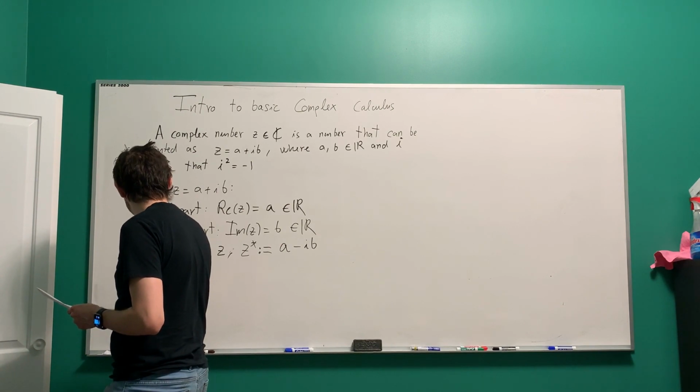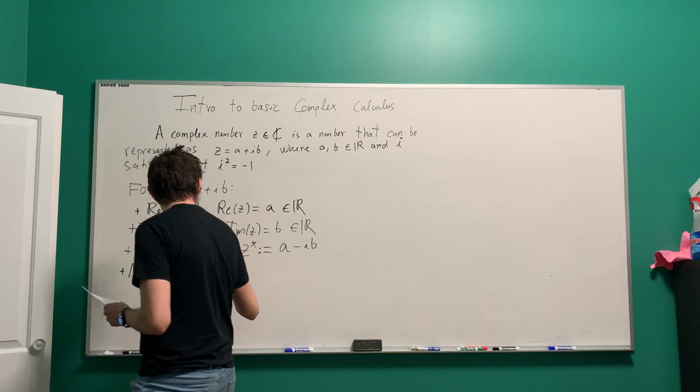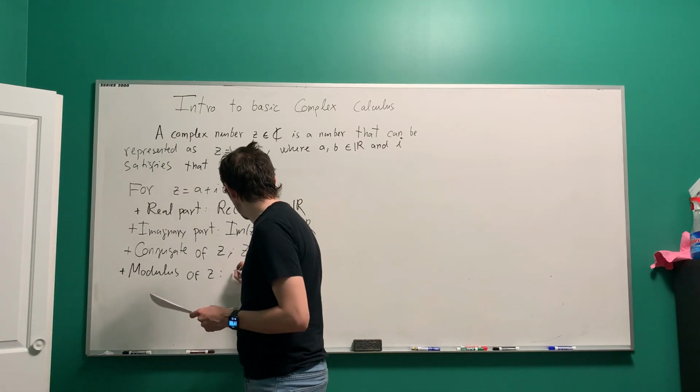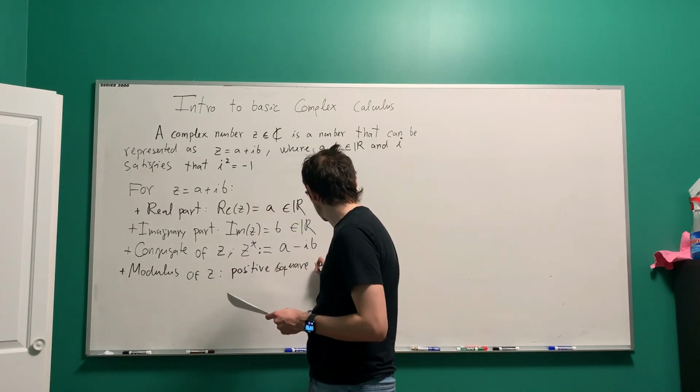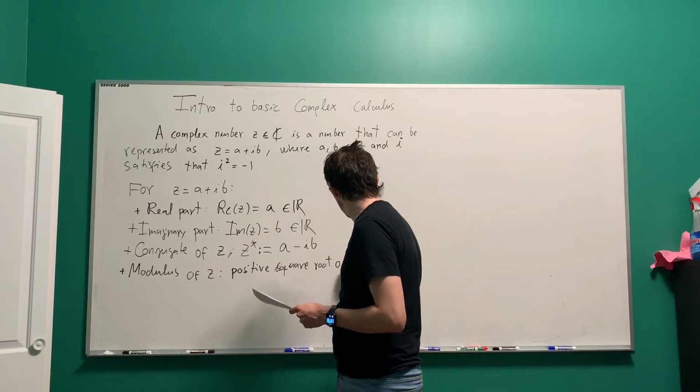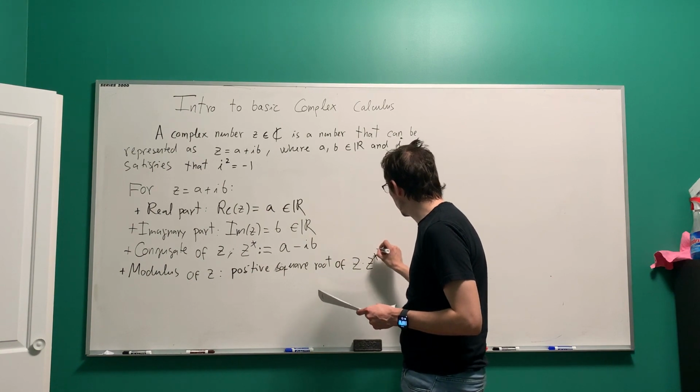And finally, we get the modulus of z, and the modulus of z is the positive square root of the product of z times its conjugate.